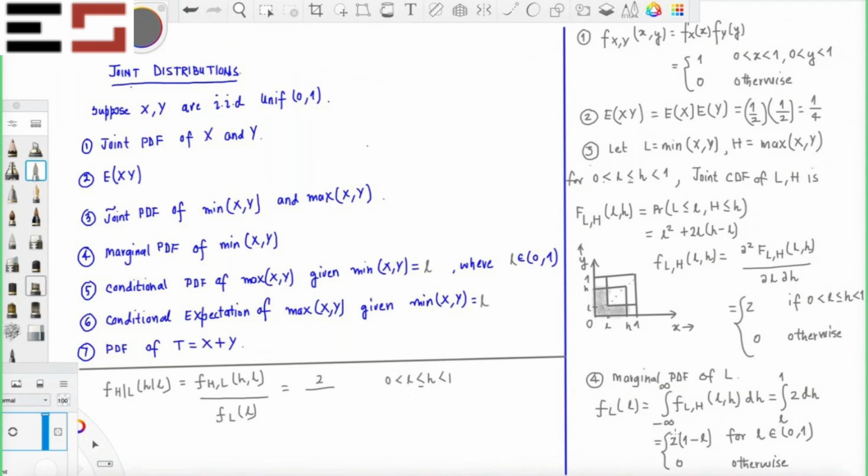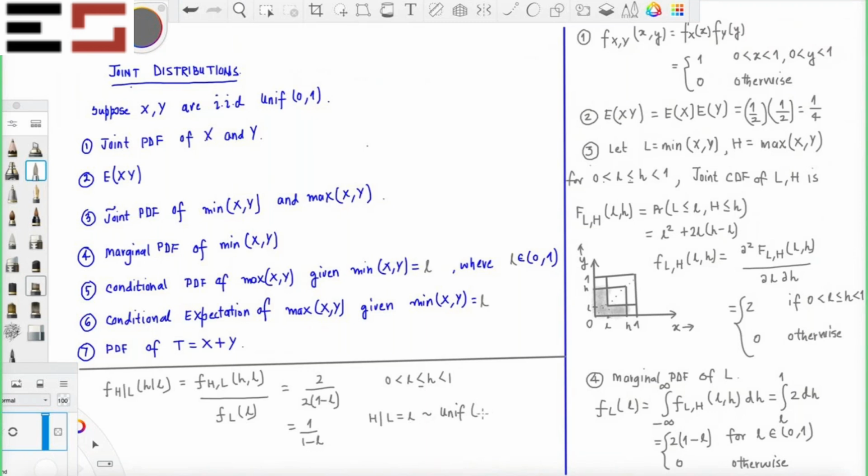When L is between 0 and 1, it is 2 into 1 minus L, which will give you 1 upon 1 minus L. So you can also say that H given L equal to L is uniform from L to 1, right?